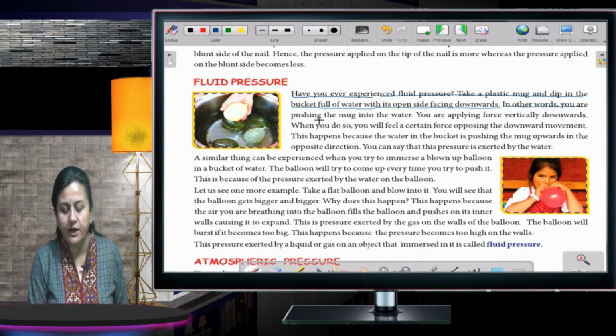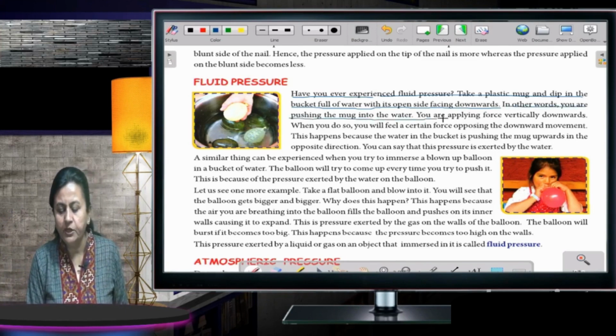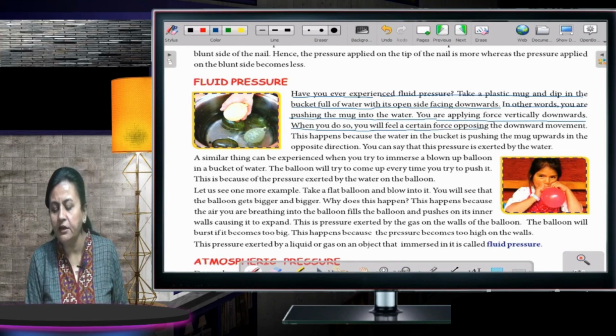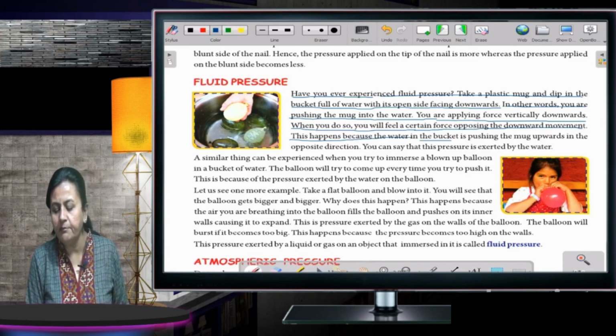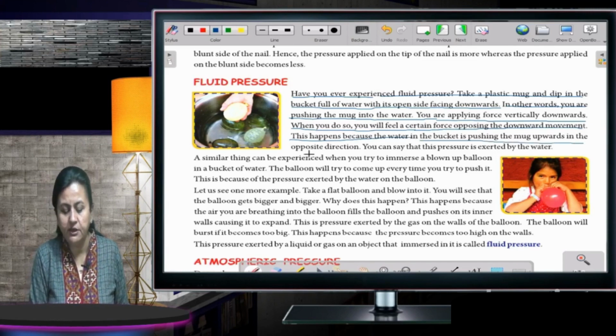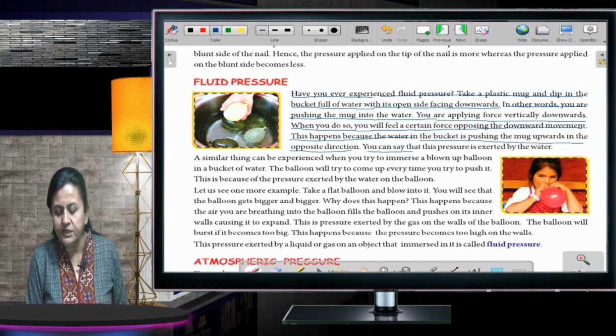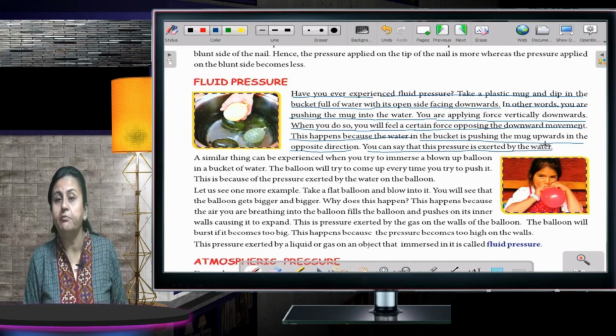In other words, you are pushing the mug into the water. You are applying force vertically downwards. When you do so, you feel a certain force acting opposing the downward movement. This happens because the water in the bucket is pushing the mug upwards in the opposite direction. You can say that this pressure is exerted by the water.